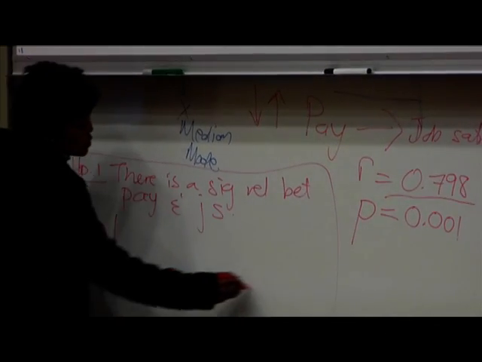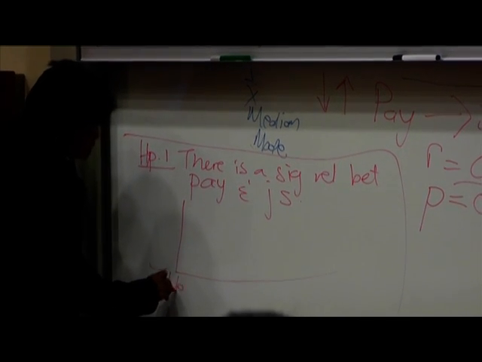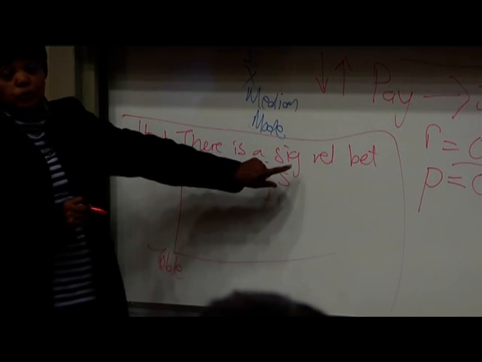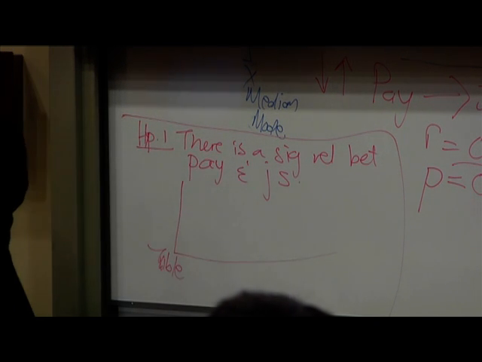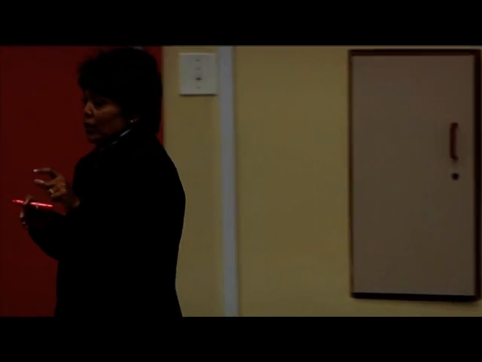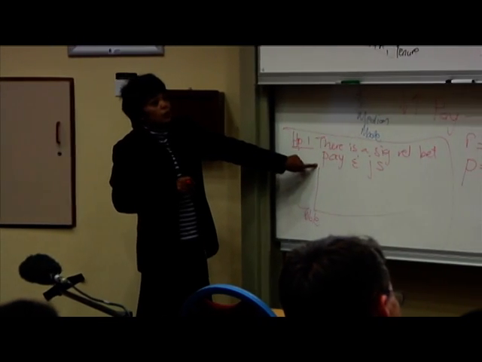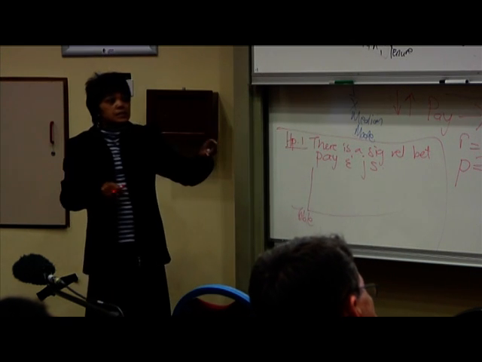You then present your table, and then you'd say table so and so indicates that there is a significant relationship between pay and job satisfaction. What is the decision rule? It is significant, that means you accept the hypothesis. Okay? If it wasn't, that means you reject the hypothesis. So the steps to follow: you always state the hypothesis, you present the table of results, you interpret it, and you apply the decision rule, the decision rule being 0,05.